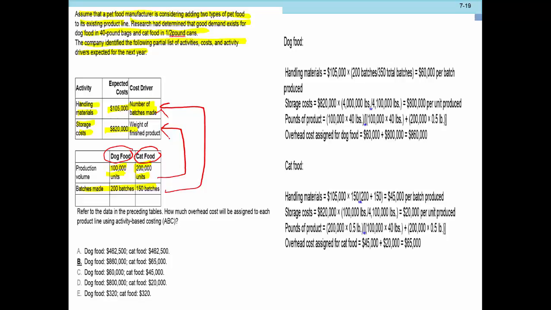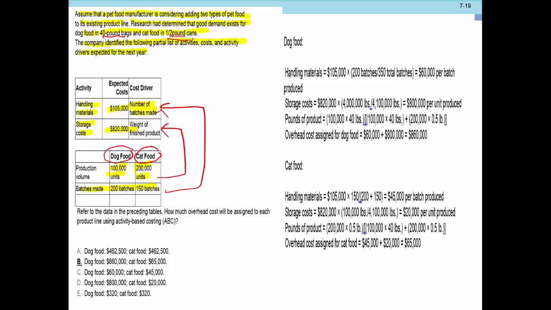But they've told me we're talking 40-pound bags of dog food and half-pound cans of cat food, right? So I'm going to be able to convert those into pounds pretty easily, to be able to answer this question.